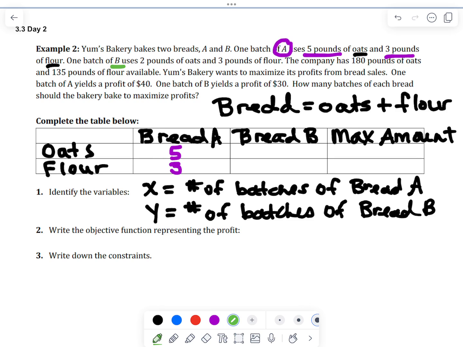Bread B uses 2 pounds of oats and 3 pounds of flour. And then we have some maximum amounts. The company has 180 pounds max of oats and 135 pounds max of flour.